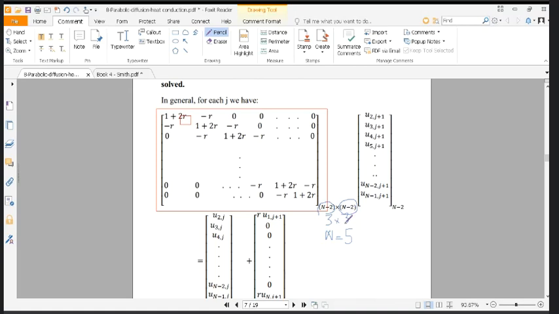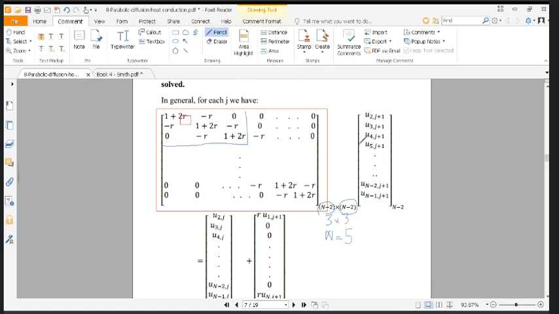We have only this part of the matrix, only a 3 by 3 coefficient matrix, because in our example n equals 5, and we only need this part of the matrix.